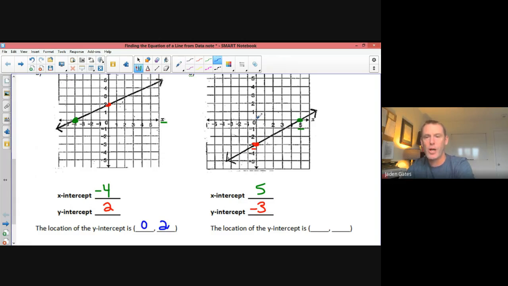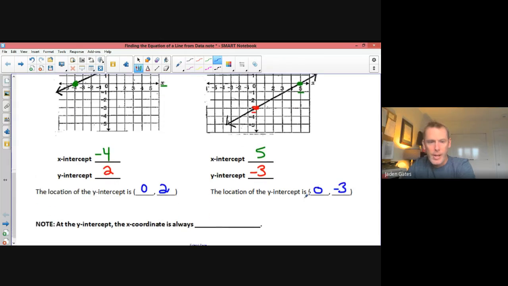Again, if I want the xy coordinates, I don't go left or right at all, but I do go down 3, which means the xy coordinates would be (0, -3), which then helps us answer the next question. At the y-intercept, the x coordinate is, well, look at it here. It's 0 here and it's 0 here. So guess what? The x coordinate is always 0. That's going to be a key thing that we're going to use.